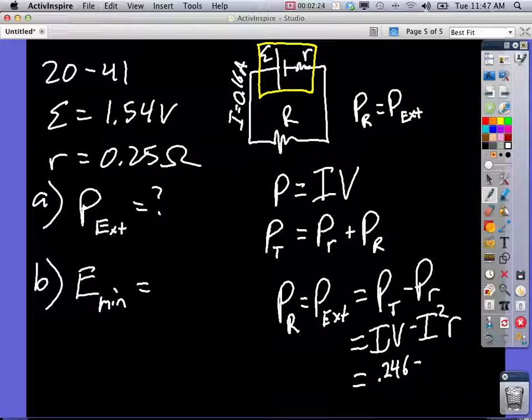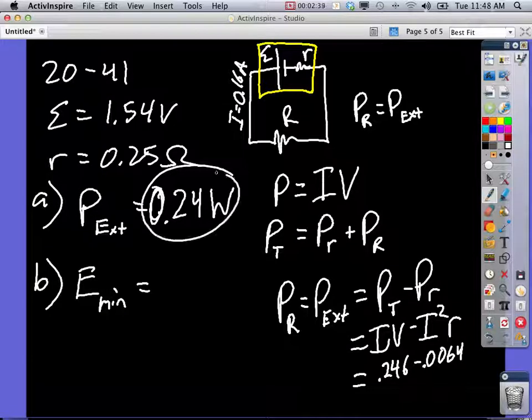I guess 0.0064. So if we do that, that gets rid of that. So basically we're left with a power of 0.24 watts, or close to it.